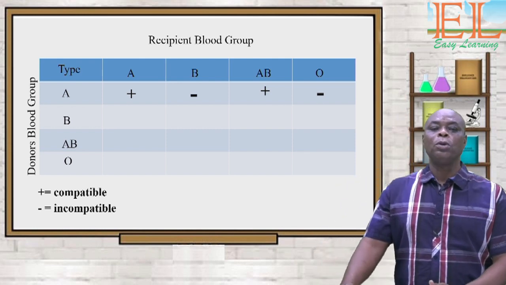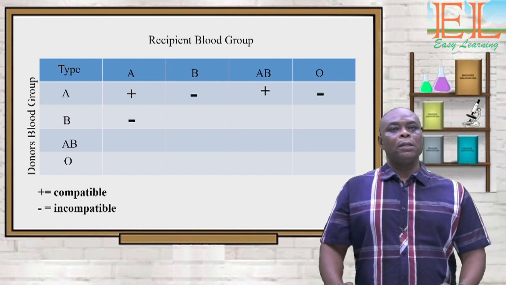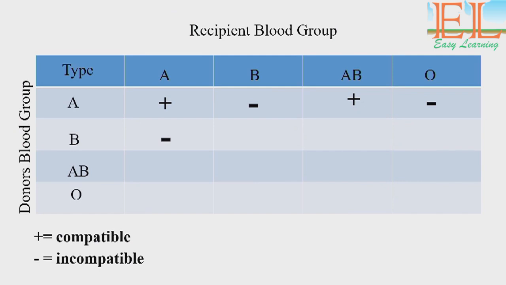Then we come to blood group B. B donating to A is impossible because anti-B is in A. B donating to B is possible because it has anti-A, which the B will also be compatible to. AB receives from O because no antibodies. O doesn't because both antibodies are there.